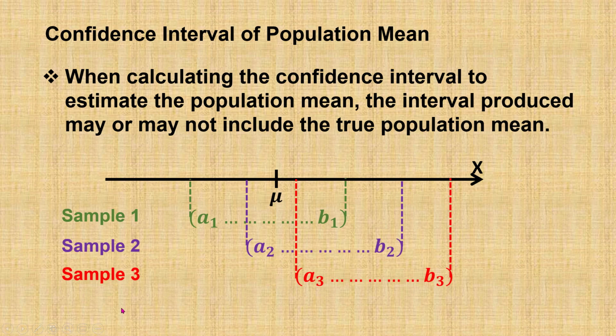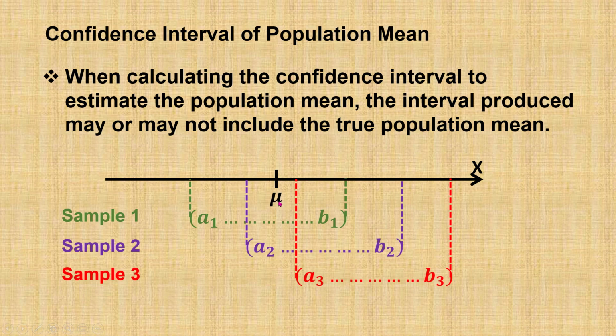When I continue to the following samples, we find that the interval produced varies from sample to sample. Therefore, the interval is a variable. Here we are very sure that the intervals from the first and second samples include the population mean, but the third sample does not.